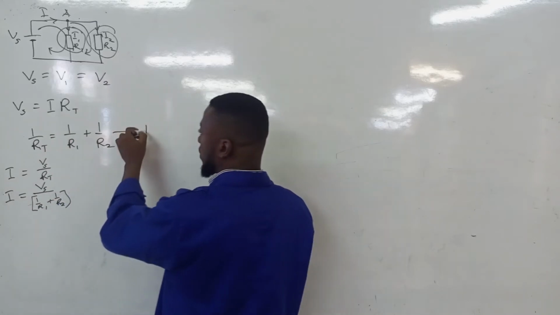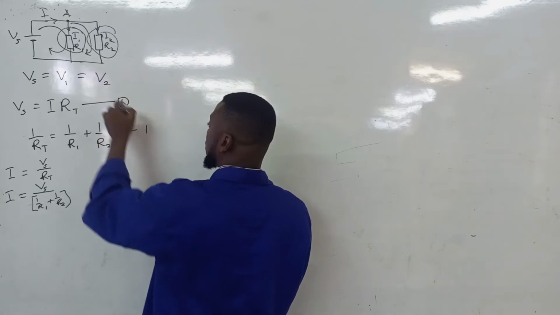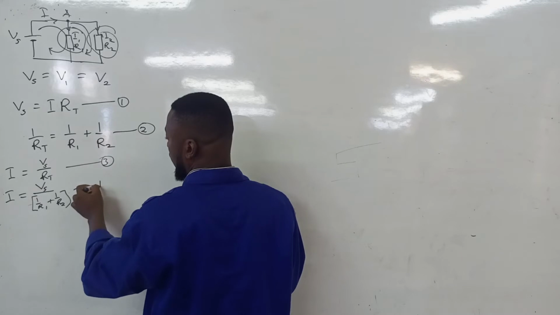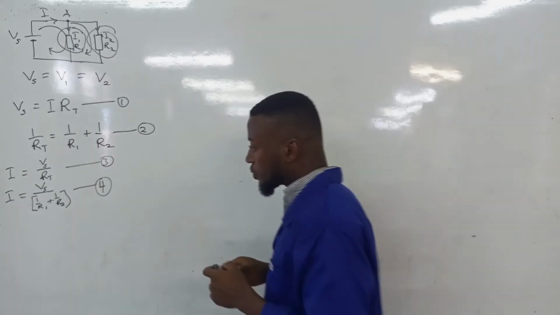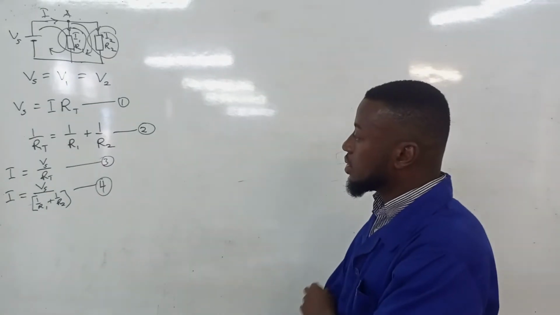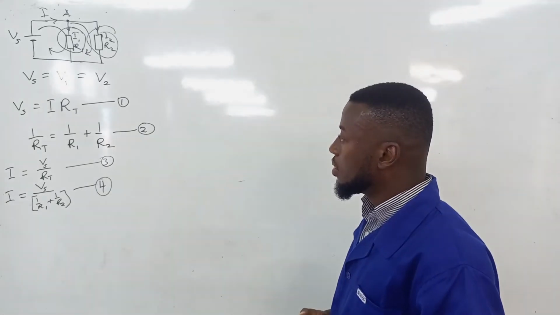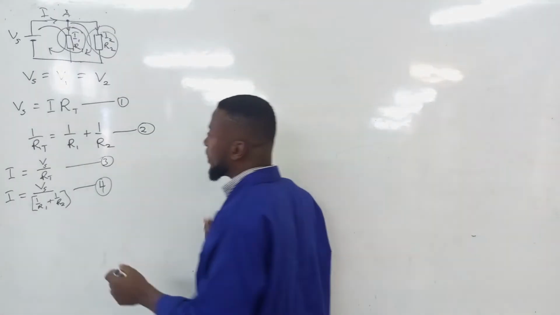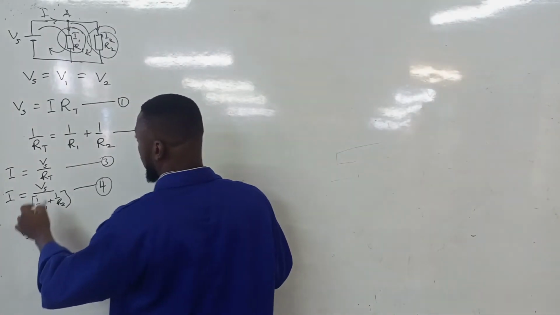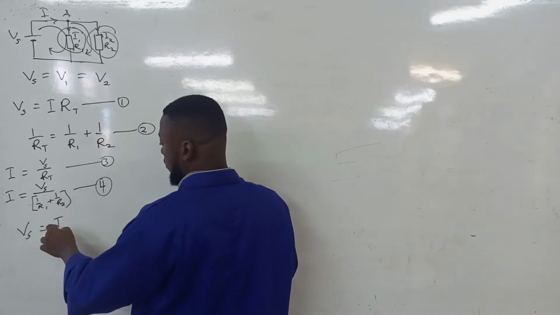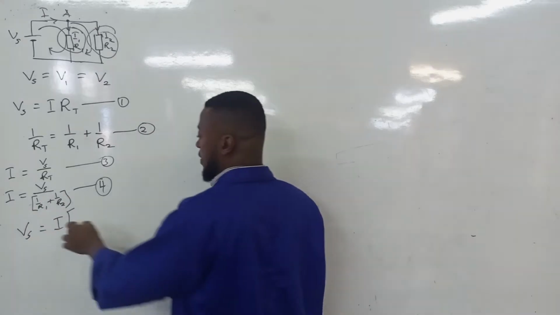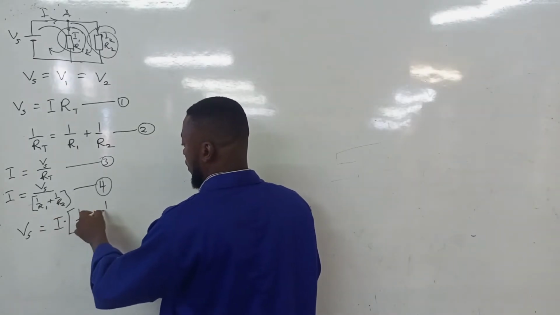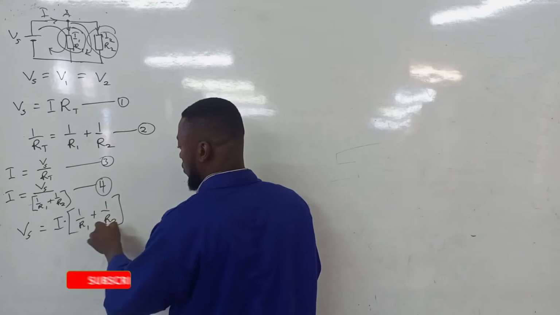So let's call this our first equation, second, third, and then fourth. Looking at this, we can use the first relation and develop this, that Vs is equal to I in the circuit times 1 on R1 plus 1 on R2.